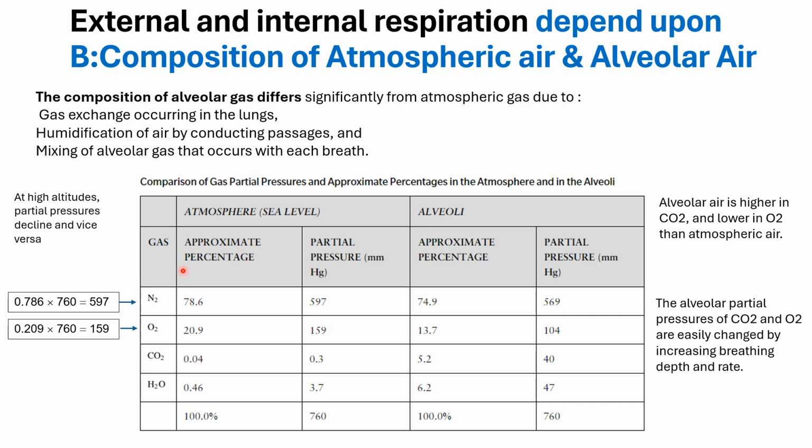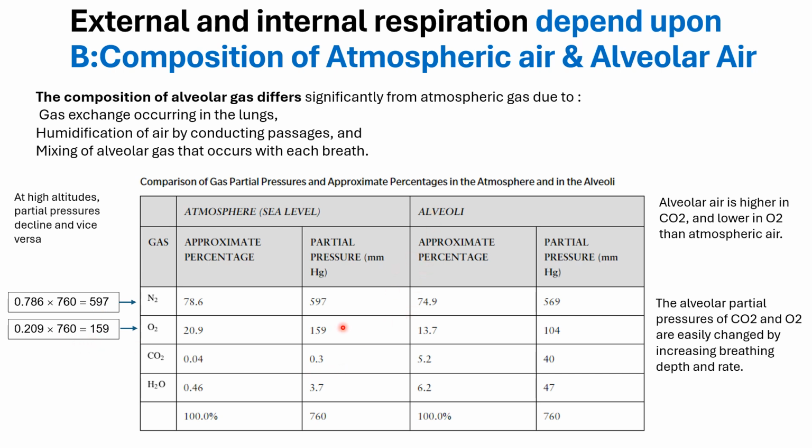So we can say that our atmospheric air comprises mostly of nitrogen and oxygen, and this is the percentage. So the partial pressure of nitrogen is 597 and that of oxygen is 159. If you add these two together, they are a little less. I think they come to be 756, which is only 4 less than the 760.